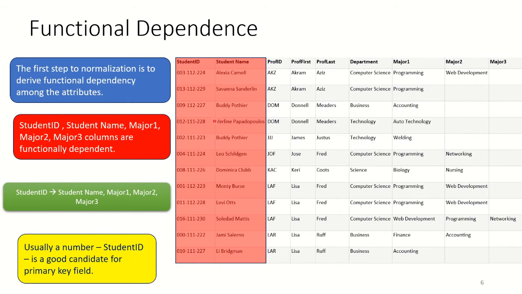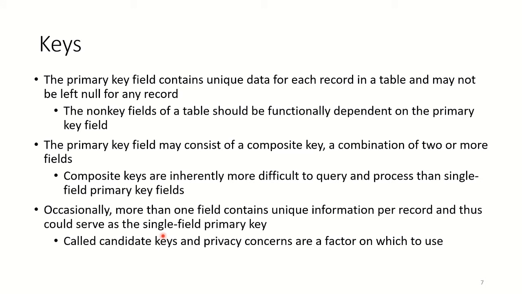Usually a number, the student ID is a good candidate for the primary key field because if you use text, there may be duplicate student names, but the numbers will not be duplicated. So that's why we need to talk about keys as a path towards normalization. The primary key field contains unique data for each record in a table and may not be left null for any record. The non-key fields of a table should be functionally dependent on the primary key field.